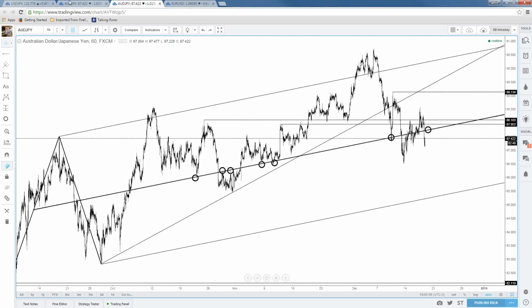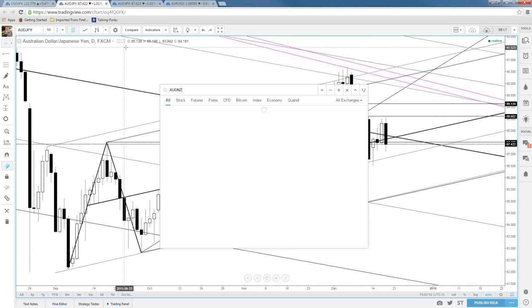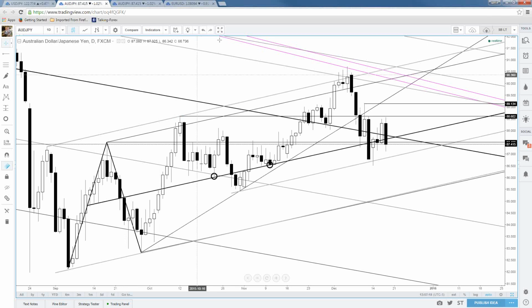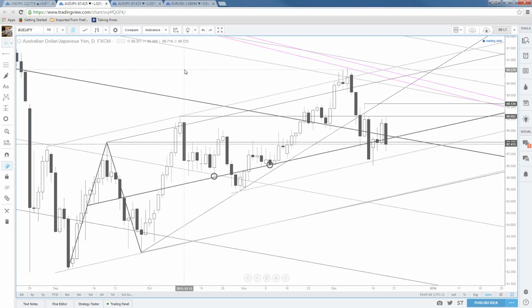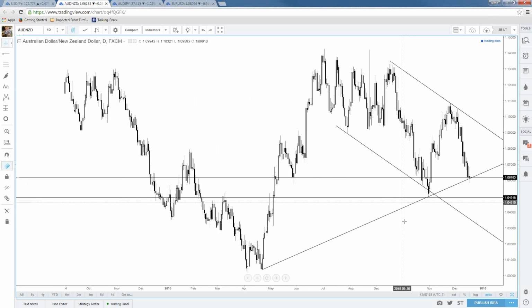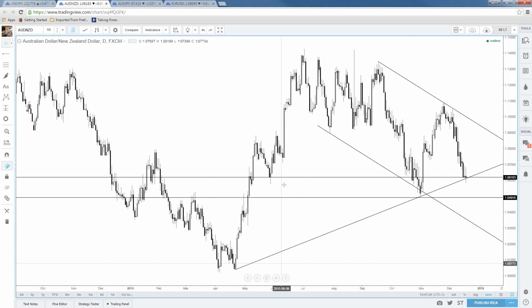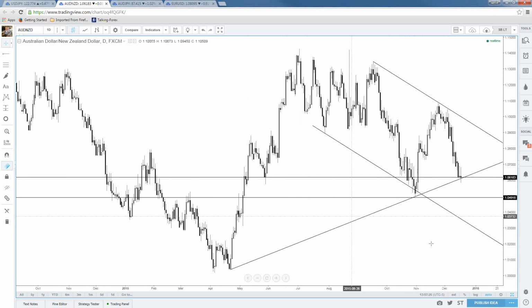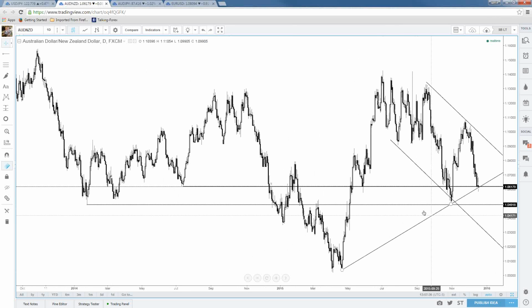And Aussie Kiwi is an interesting chart too, because I think I tweeted this the other day, but we're at a pretty interesting support. Just a simple trend line off of the lows from April, and in October puts you right here.